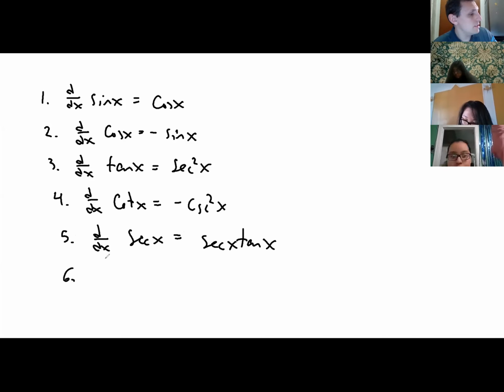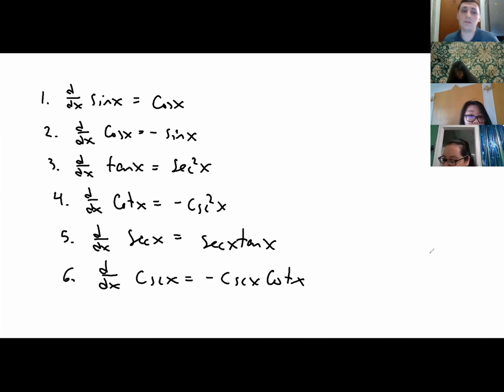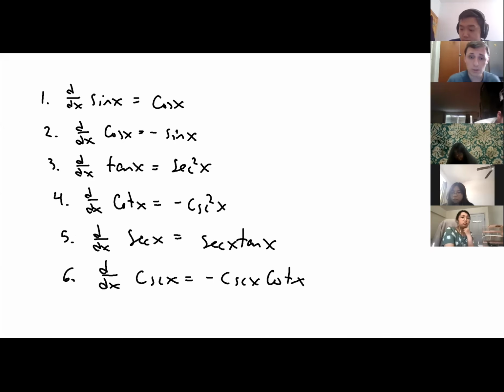And sixth, the derivative of cosecant x is minus cosecant x cotangent x. Secant and cosecant are very similar functions, just like tangent and cotangent are very similar functions, so it's not too surprising that the derivatives will be very similar. Good?